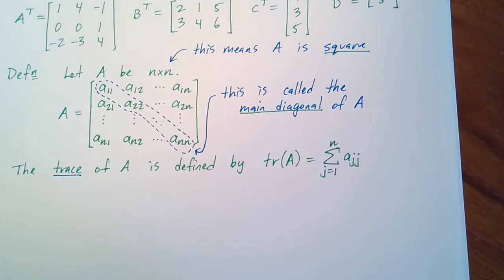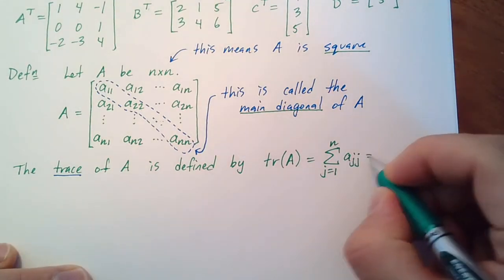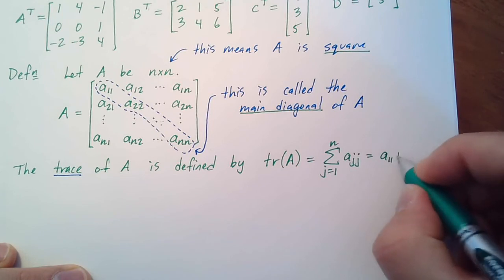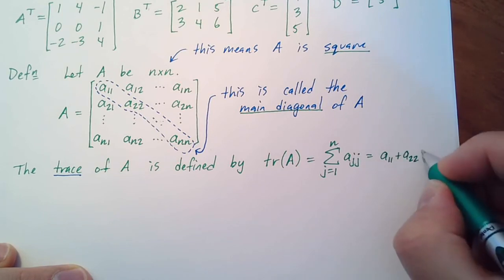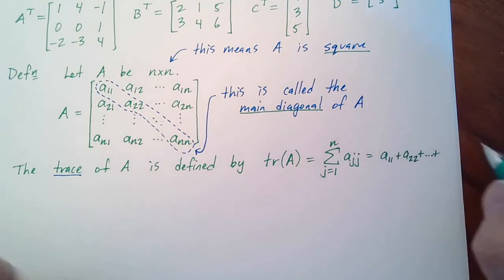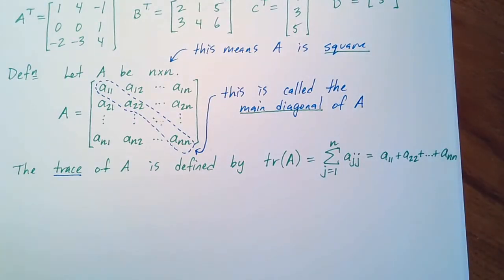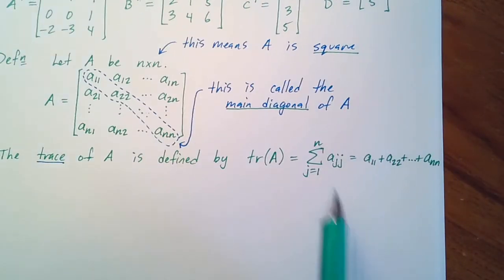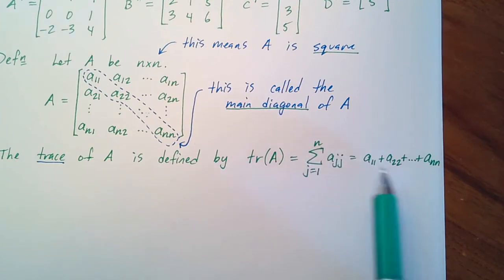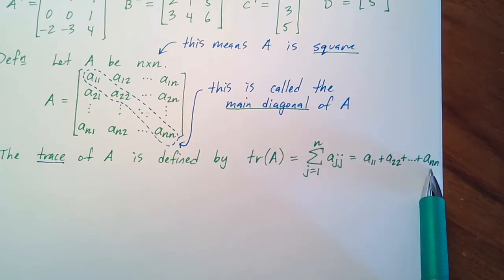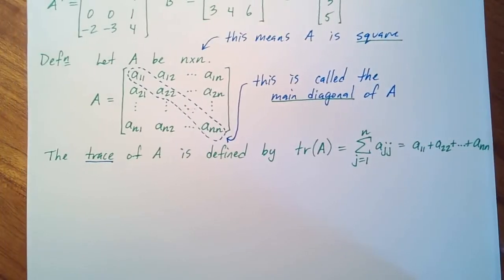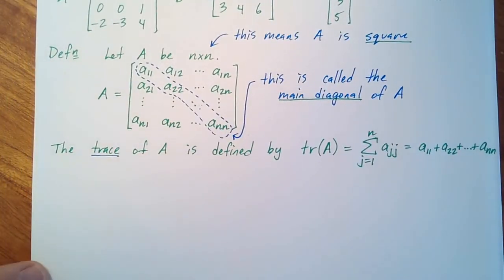And if you expand that sum, you just get A11 plus A22 all the way up to your very last one, ANN. So I barely fit that on that one line. But this is the definition, and by the way, if you expand the sum, this is what you get.